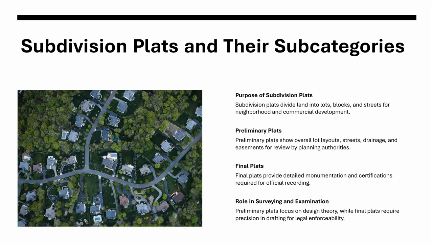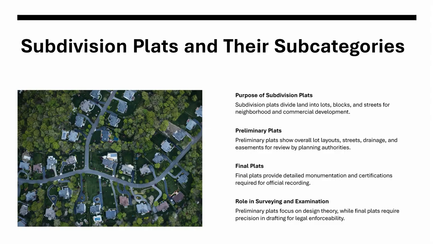Preliminary plats, which show the overall amounts of lots, their layouts, street drainage, and easements. These are reviewed by planning commissions or commissioners' courts to check conformity with subdivision regulations. And then there are final plats, which refine the details, show monumentation, and carry the certifications required for recording.